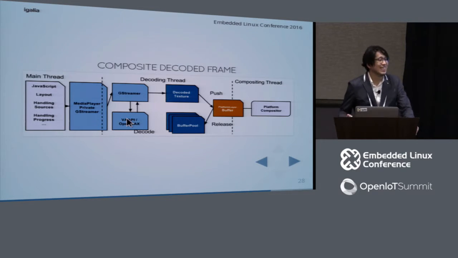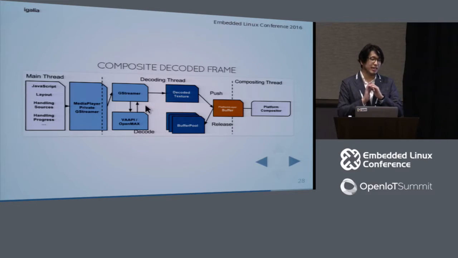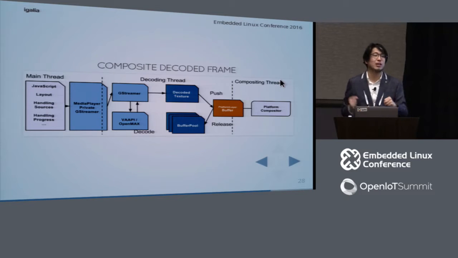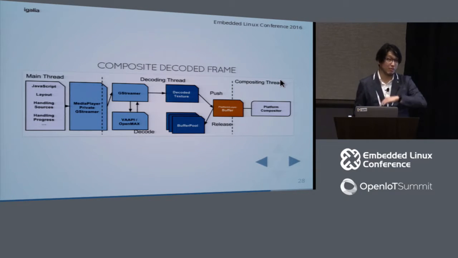But yeah, it's 12 milliseconds, a really huge operation. So we really decoupled the decoding pipeline and the compositing thread, made a channel dynamically, passed the decoded frame to the compositing thread and freed the buffer to the decoding thread.